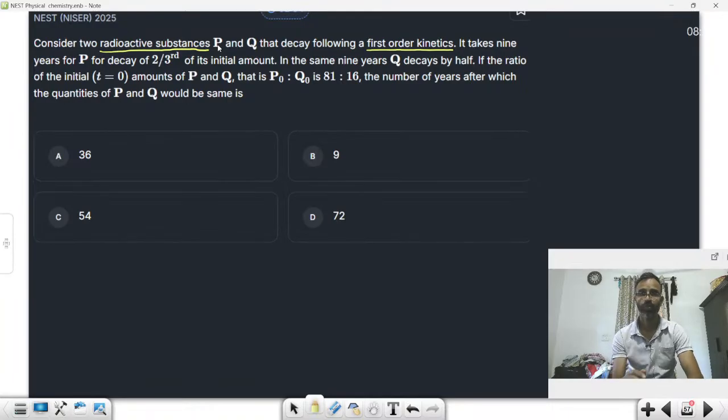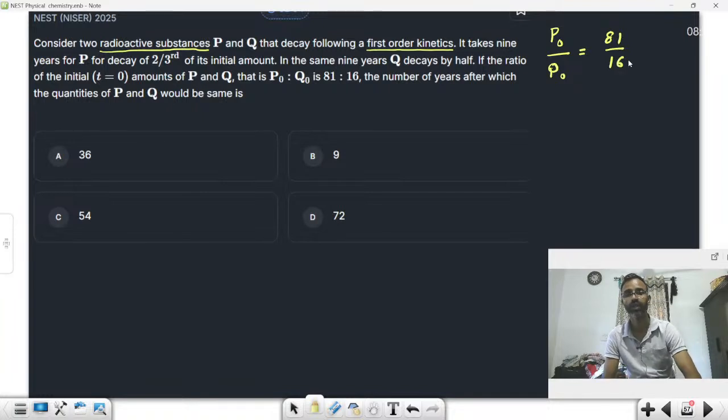तो सबसे पहले हमारे पास जो रेशियो दी है, this is the initial ratio of P naught to Q naught, that is 81:16. अब जो P है that takes 9 years for decay of 2/3 of its initial amount.